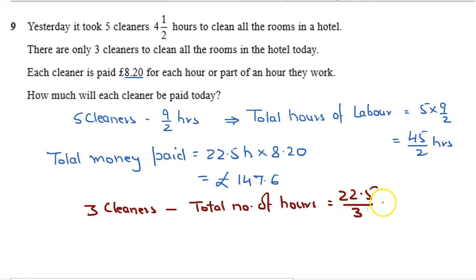Now it is 3, so each works 7.5 hours. So each works for 7.5 hours and for each hour it is 8.20. 7.5 into 8.2. So each is paid 61.5.